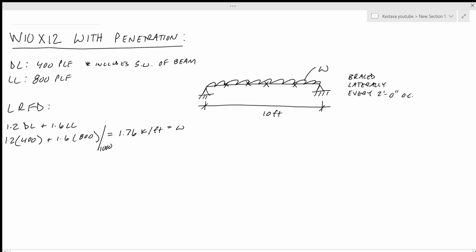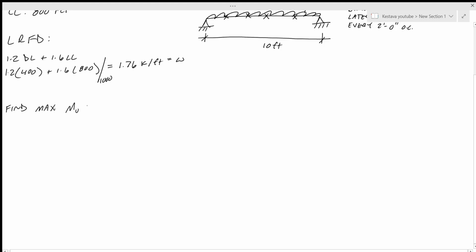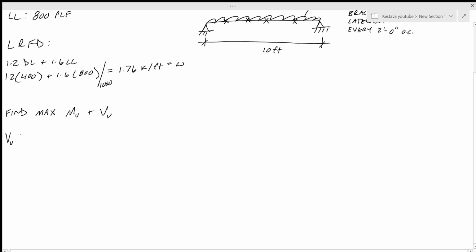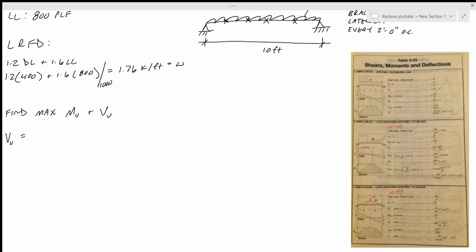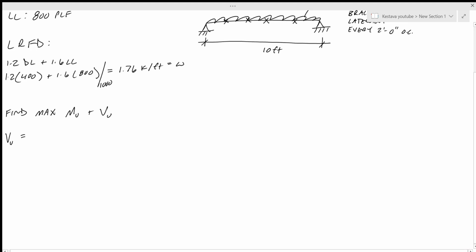Next we're going to find the maximum moment and shear, which are denoted as Mu and Vu. Let's start with Vu. We know from our design tables in Table 3-23, for those who are a little bit newer to this, this is a little more advanced of a problem, but you can still definitely follow along.